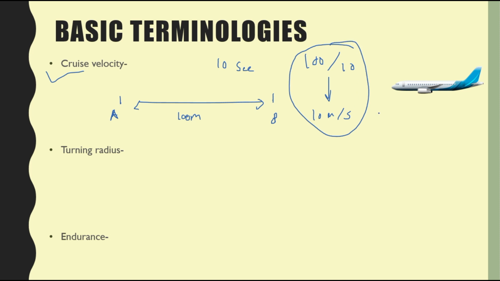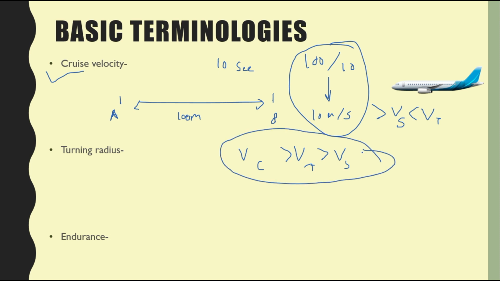And no doubt it will be greater than the v stall, and v takeoff is greater than v stall, and v takeoff is less than v cruise. So this is how it's going to be. The velocity of cruise will be greater than the velocity of takeoff, and it will be greater than the velocity of stall.